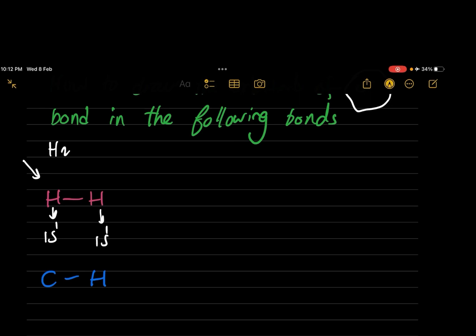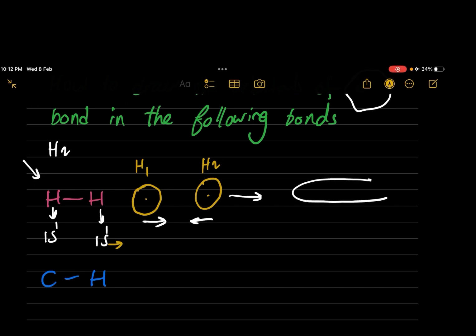And remember that the s subshell has a spherical shape. So this is for hydrogen number 1 and this is for hydrogen number 2. The two subshells in this case overlap with each other, and the sigma bond will be established in the form of this. So this is the orbital of sigma bond.